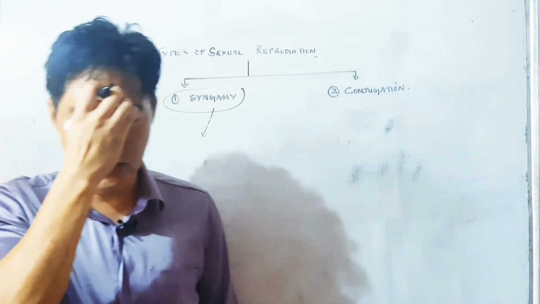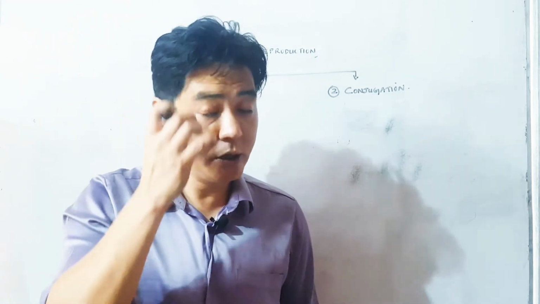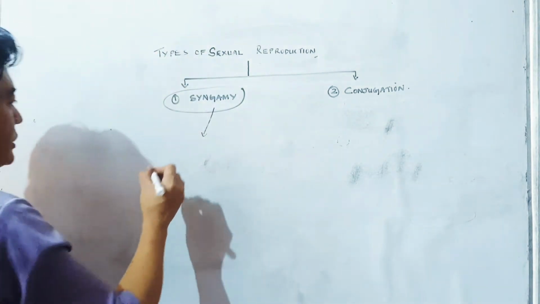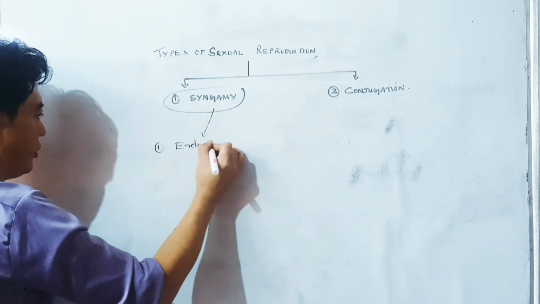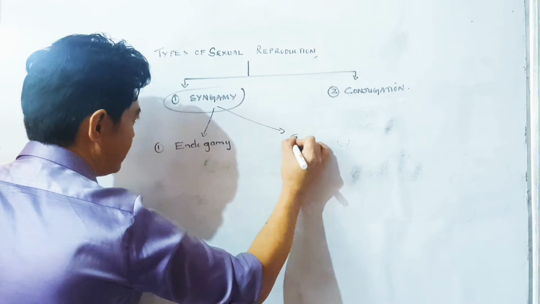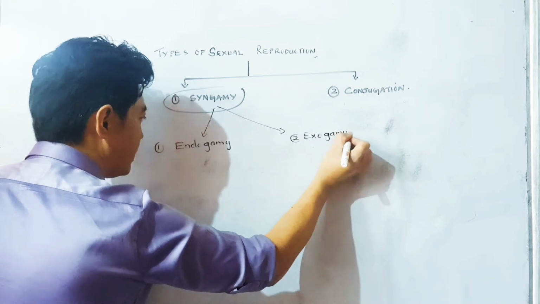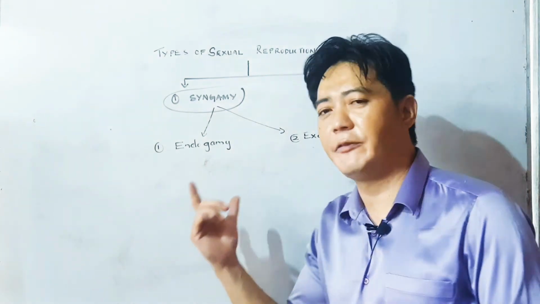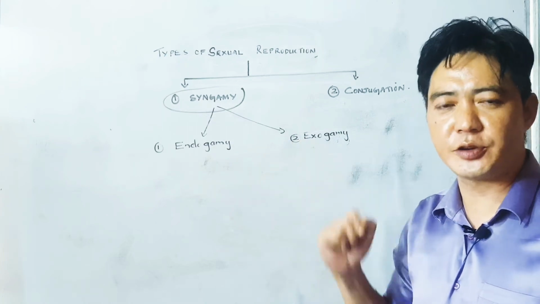On the basis of the number of parents involved during sexual reproduction or the fusion of the gametes, syngamy is of two types: number one, endogamy, and number two, exogamy. Types of syngamy on the basis of number of parents: it is of two types, endogamy and exogamy.